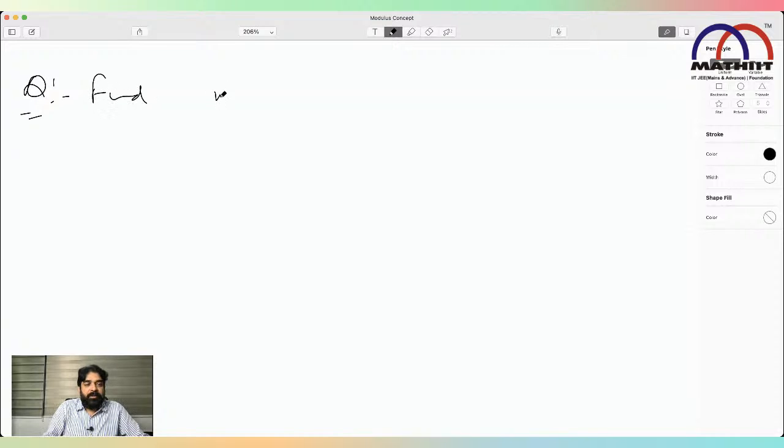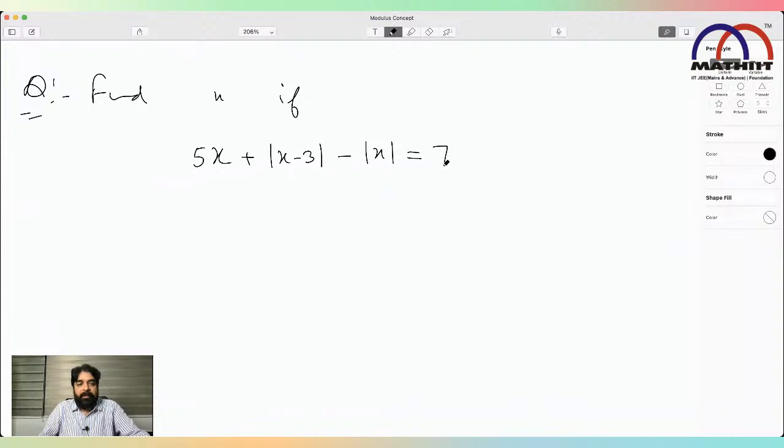Find x if 5x plus mod of x minus 3 minus mod of x equal to 7. Oh, no, not x plus 7, sorry, 7.